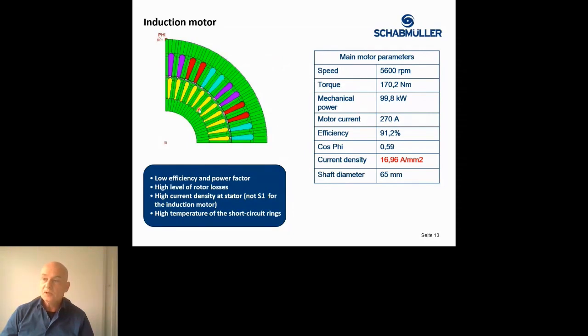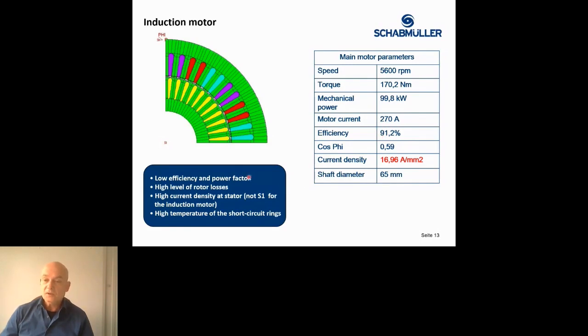And if we try to bring that machine in the same size to the same power output of about 100 kilowatt, we do see that we have to run it at a very high motor current, at a very high current density. Naturally, the efficiency of that kind of machine is not as high as we have seen on the permanent magnet machine design.